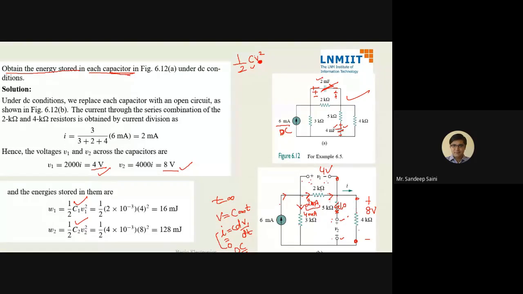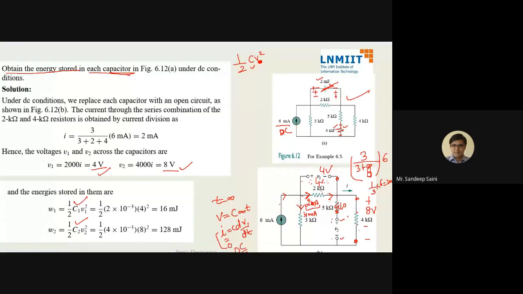Opposite resistance 3 divided by total resistance 3 plus 6, 9, into the total current. So 1 by 3 of 6 is 2 milliampere. So in this branch 2 milliampere is coming. 2 milliampere into 2 kilo ohm is 4 volt, and 2 milliampere into 4 kilo ohm is 8 volt.